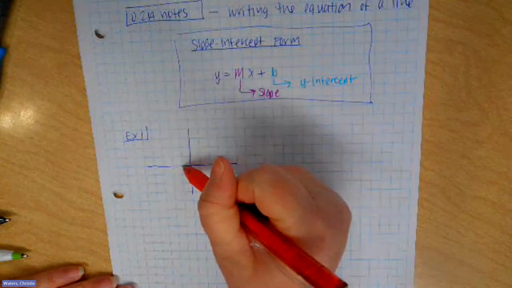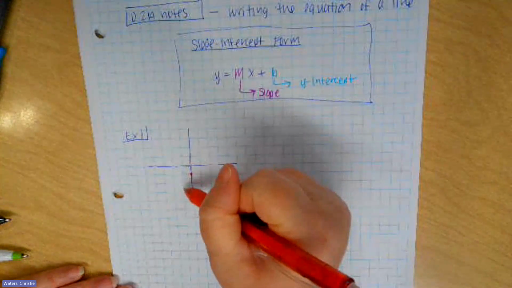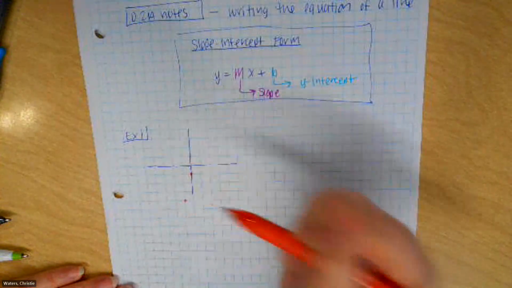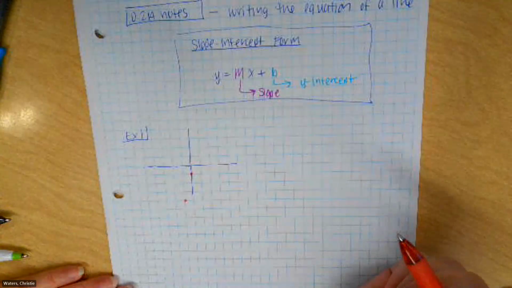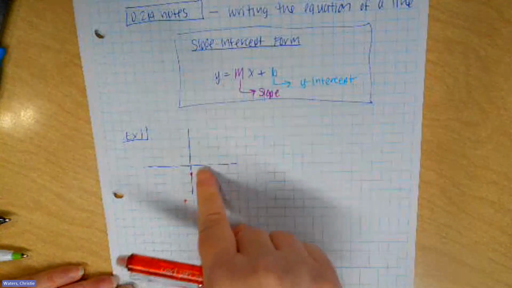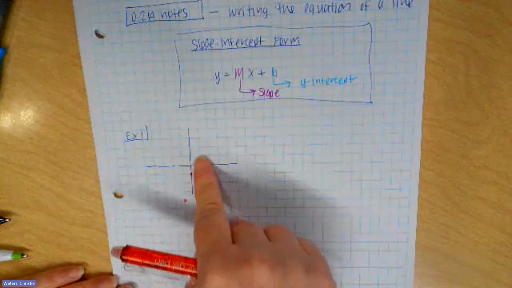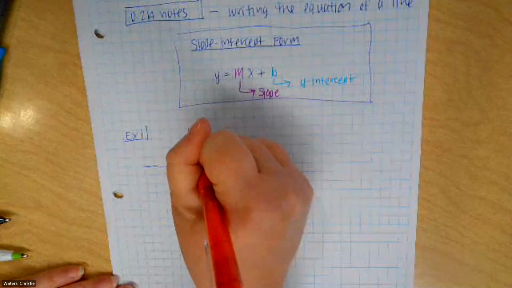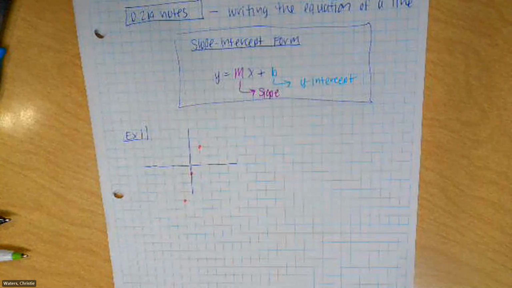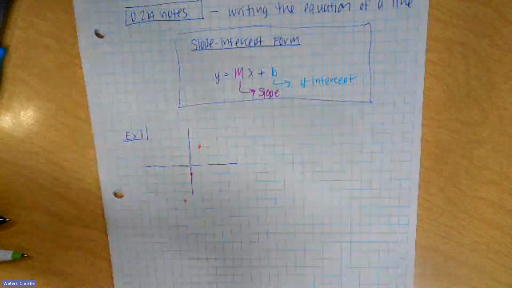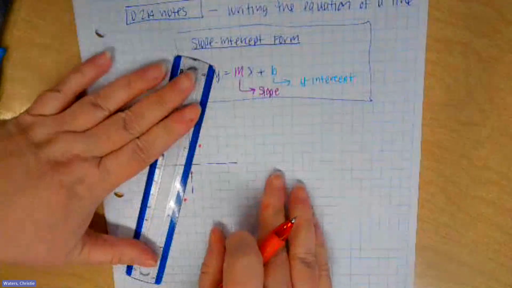So we're going to go left 1, down 4. And then our third point is going to be at 1, 2. So right 1, up 2. Go ahead and draw my line.